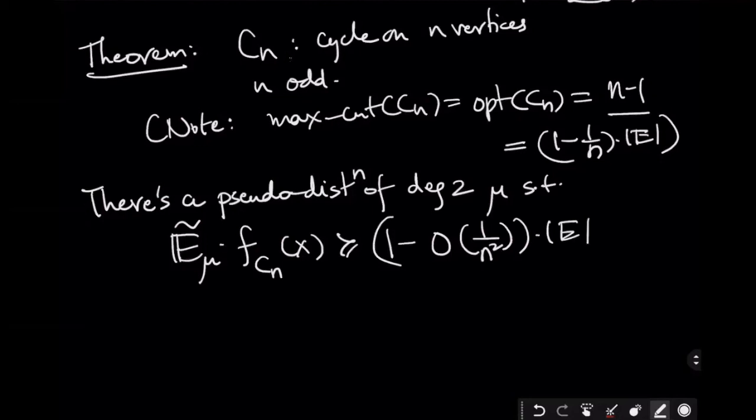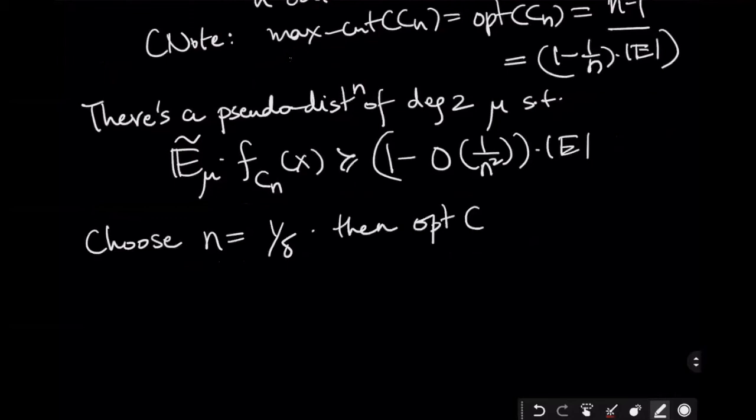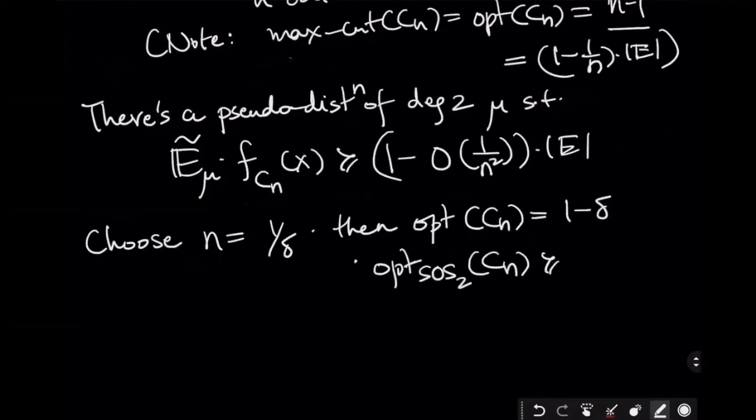In particular, if you choose n as 1 over delta, then opt of Cn is 1 minus delta, while this theorem is claiming that opt SOS2 of Cn is at least 1 minus delta square, up to constant.